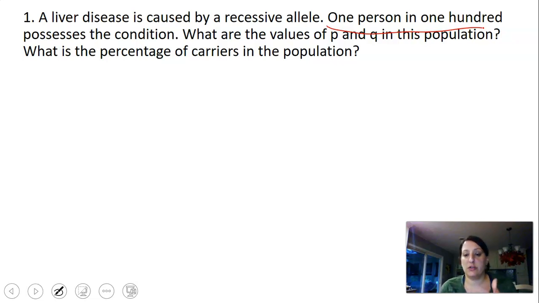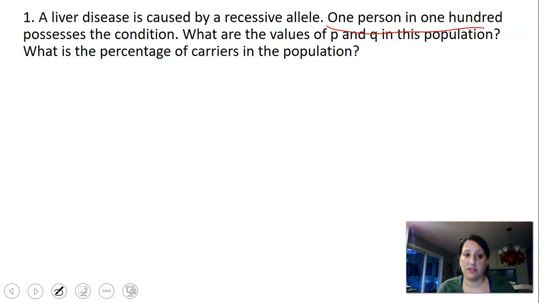So let's start off first by trying to figure out P and Q values. There are 2 questions here. So 1 in 100, what does that equal? That's going to equal our Q squared. So remember our 2 formulas: P plus Q equals 1, and P squared plus 2PQ plus Q squared equals 1. Remember what each of those represents.